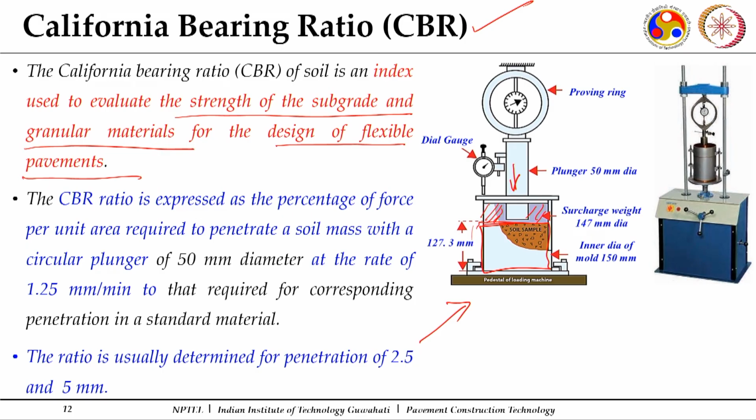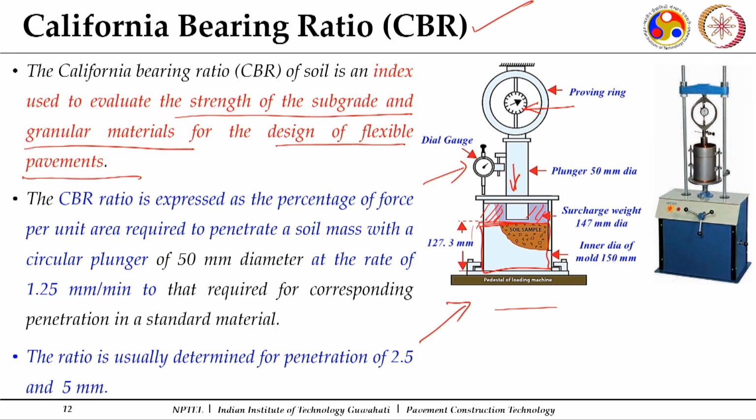A plot is generated between the amount of penetration and the load required. You have a dial gauge to know the penetration, and a load cell to know the load required for that penetration. There are requirements mentioned for this, specifically how much surcharge weight is to be used.